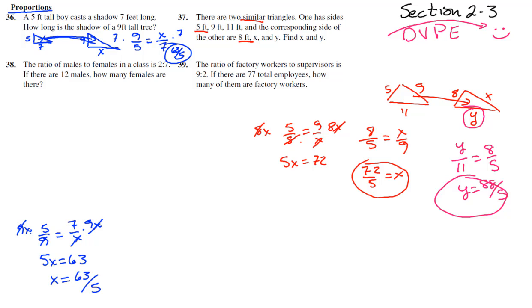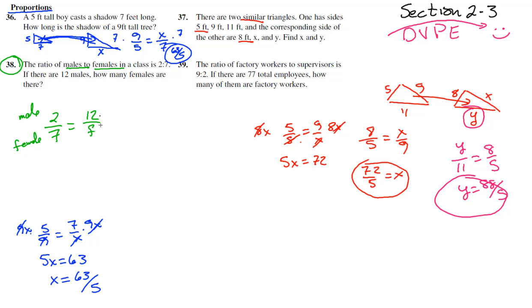All right, number 38. The ratio of males to females is 2 to 7. Now these two dots can just be written 2 to 7, male to female. And the idea is it has to keep this exact same ratio. So 2 to 7. If there are 12 males, how many females? I'm going to put an F there. Now, notice the F is on the bottom.